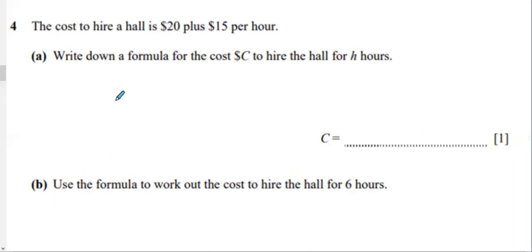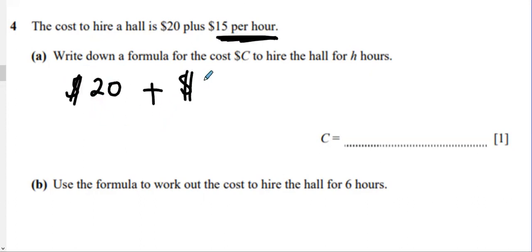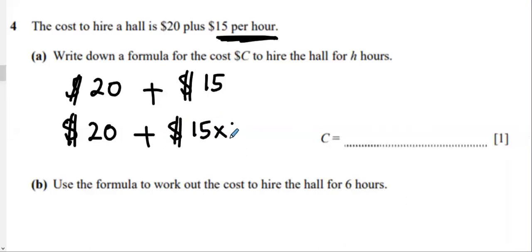That means if you are hiring this hall for 1 hour, you need first to pay $20, then plus $15. How about for 2 hours? You do the same thing. You pay first $20 plus $15 times 2 because you are talking about 2 hours.